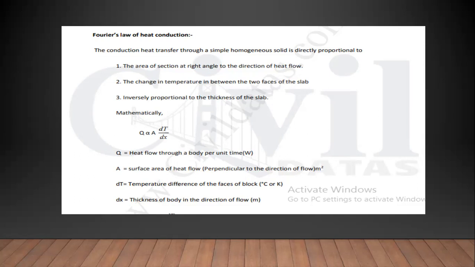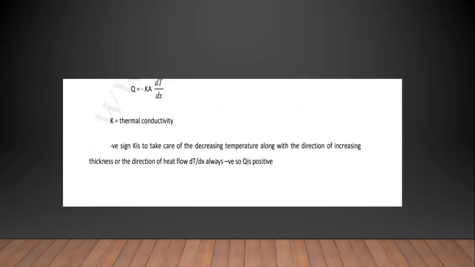This can be defined mathematically: Q is directly proportional to A into dT by dx. To remove the proportionality, a constant is introduced. So Q is equal to K into A dT by dx, where K is the thermal conductivity, the proportionality constant used in the Fourier law of heat conduction equation.